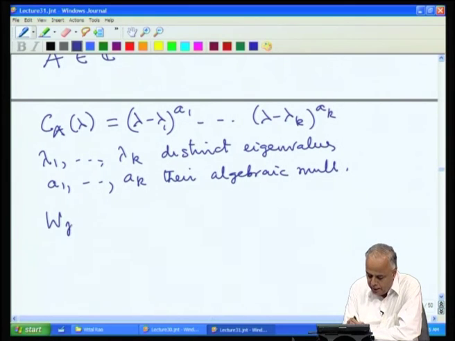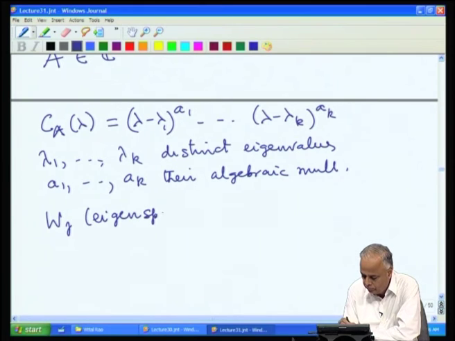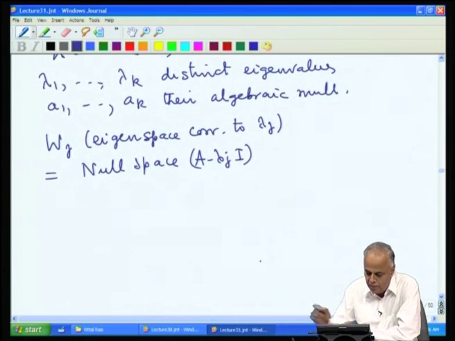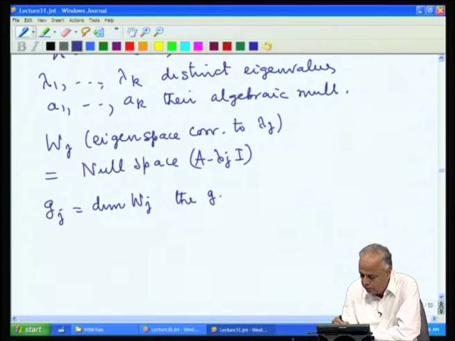Then W j, the eigenspace corresponding to lambda j, is equal to the null space of A minus lambda j I, and g j equal to the dimension of W j is the geometric multiplicity.